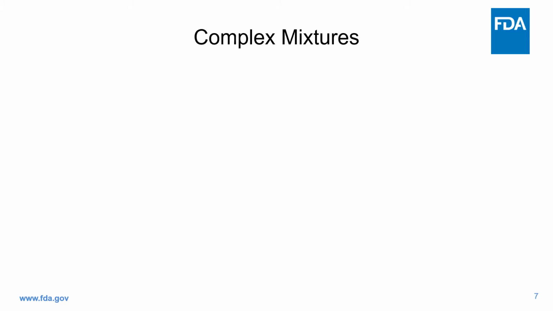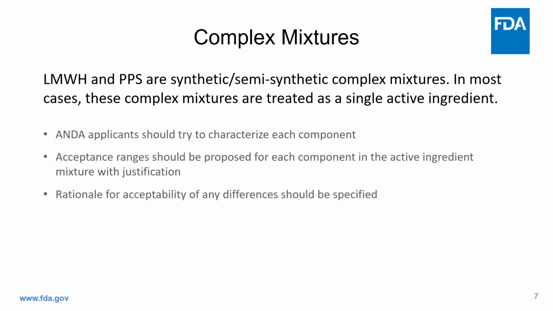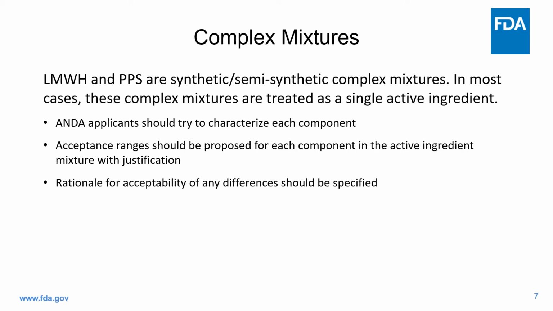We can see that both low molecular weight heparin and PPS are complex mixtures, which means they do not have defined batch-to-batch consistent stoichiometry. From our review perspective, these complex mixtures are treated as a single active ingredient.